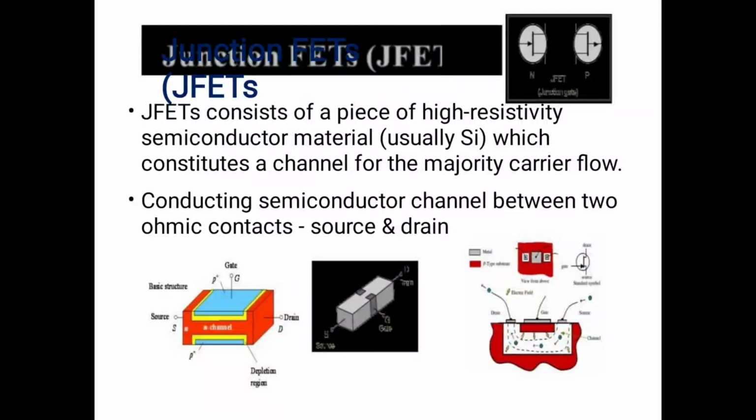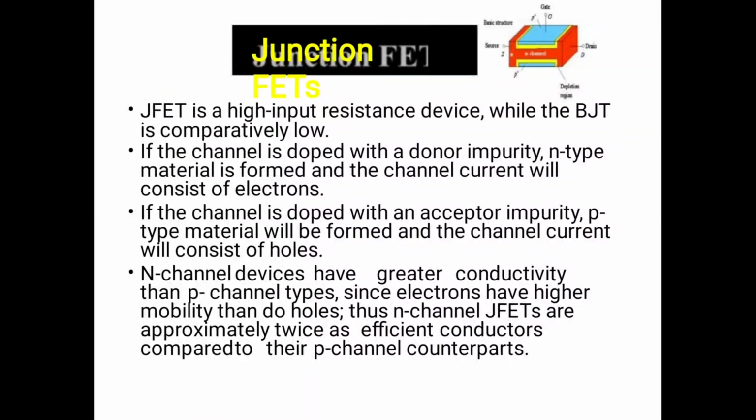The JFET is mostly used. It is based on a semiconductor material in which a channel constrains the majority carrier flow, conducting in the semiconductor channel between the two ohmic contacts, the source and the drain. They are high input resistance devices.